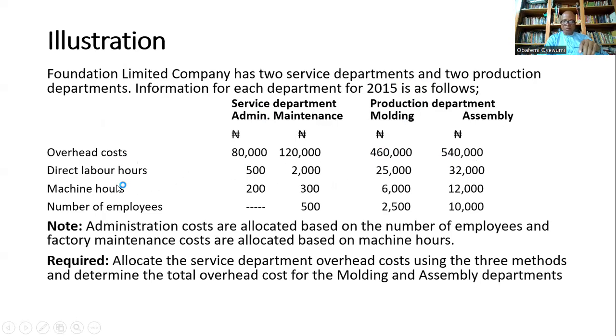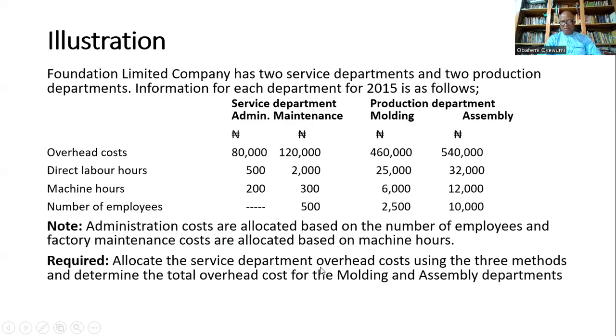Direct labor hours, machine hours, and number of employees have also been given: 500, 2,000, 25,000, 32,000, 200 machine hours for maintenance, 300, 6,000 for molding, and 12,000 machine hours for assembly. Typically, take note that administration costs are allocated based on number of employees, and factory maintenance costs are allocated based on machine hours.